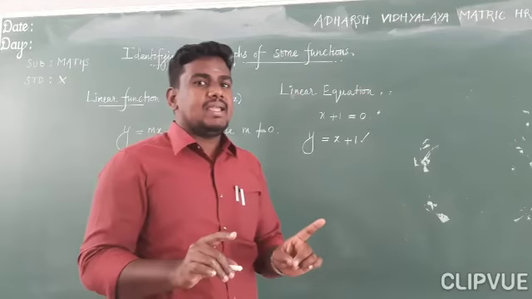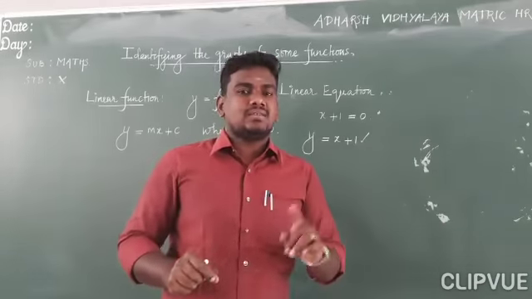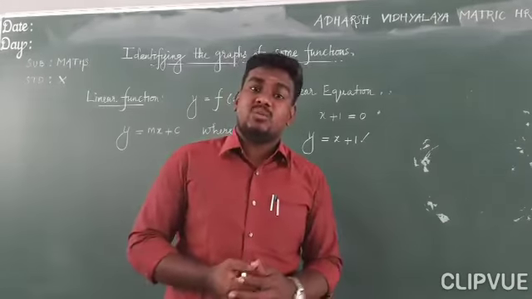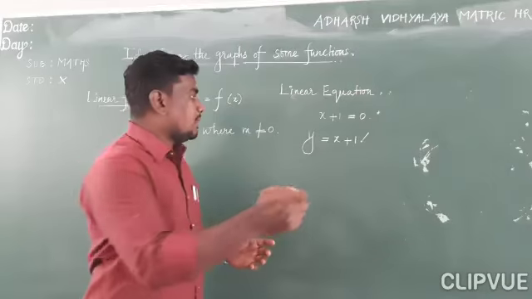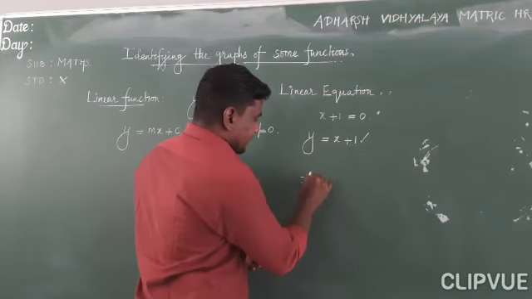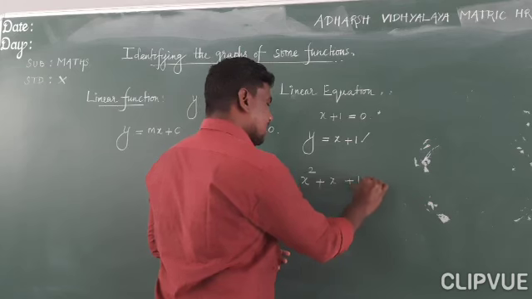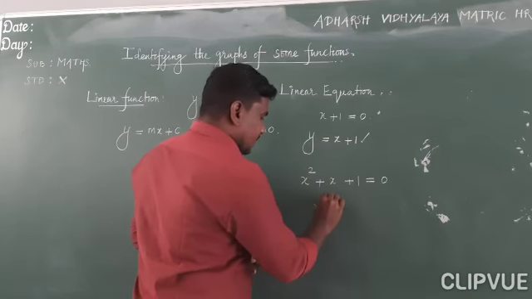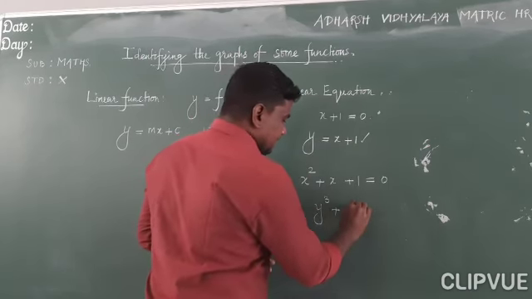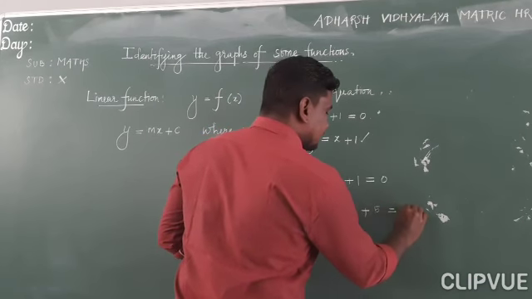I told you clearly, for a linear function or linear equation, its degree is 1. What is meant by degree? You may have a doubt. Degree means the highest power. For example, take x square plus x plus 1 is equal to 0 and y cube plus y plus 5 is equal to 0.